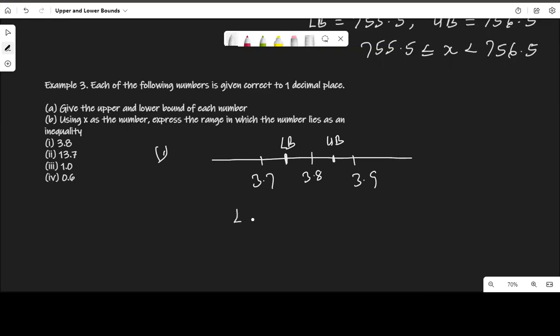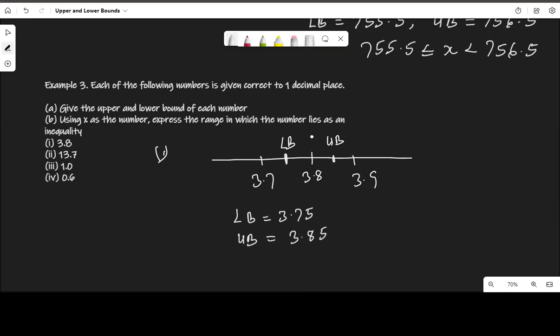So the lower bound is 3.75. Now, in between 3.8 and 3.9, there is 3.85. So that gives me my upper bound. Again, if you are not sure, add this number to this number, divide by 2. So my upper bound is 3.85.